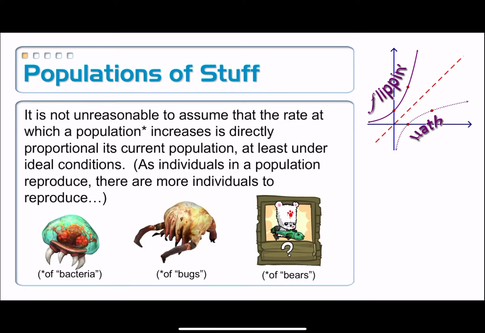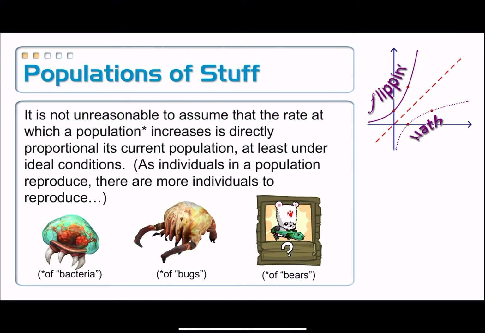Okay, so here's our general assumption for these population growth models. It's not unreasonable to assume that the rate at which some population increases is directly proportional to its current population. Well, at least under ideal situations. And what that means is that you don't have to worry about limited resources and limited space.